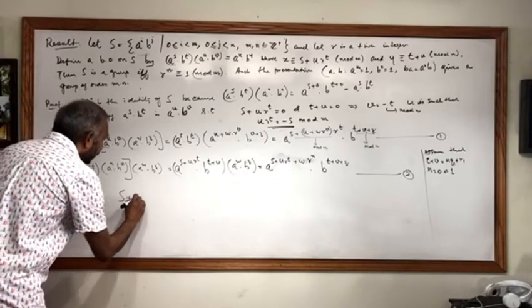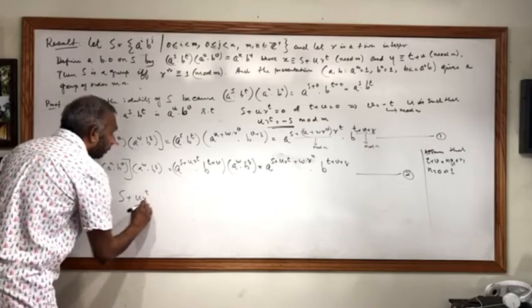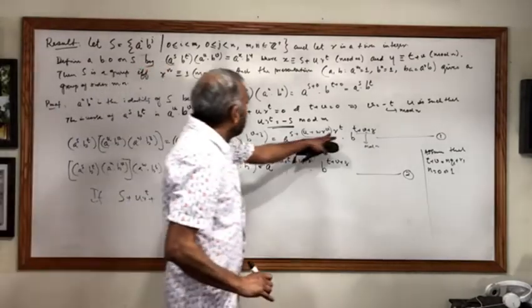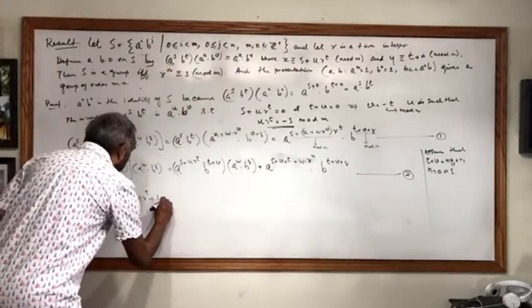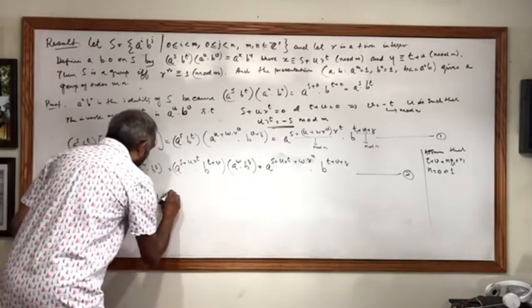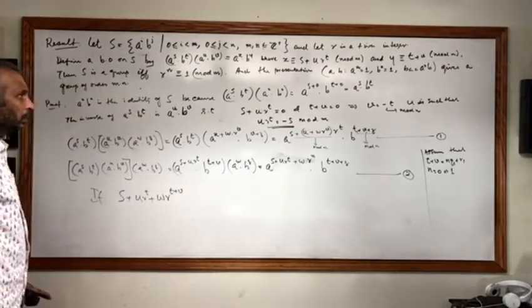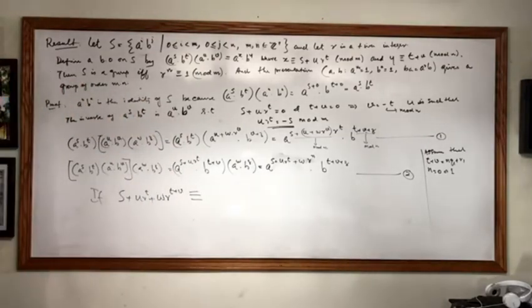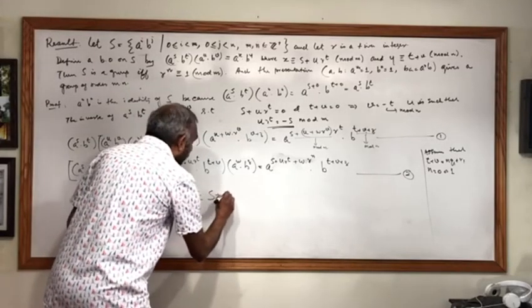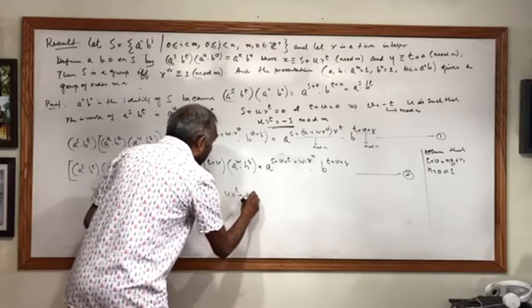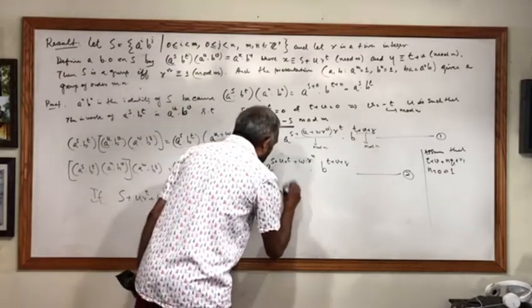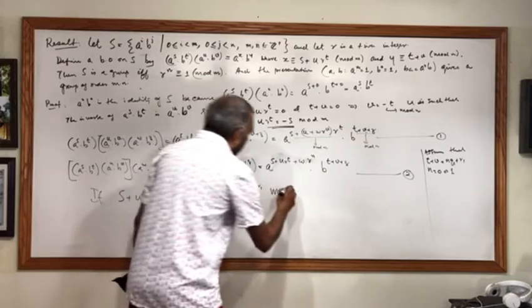s plus u rt plus w of r to the power of t plus v is congruent to s plus u rt plus w r to the power of r1 mod m.